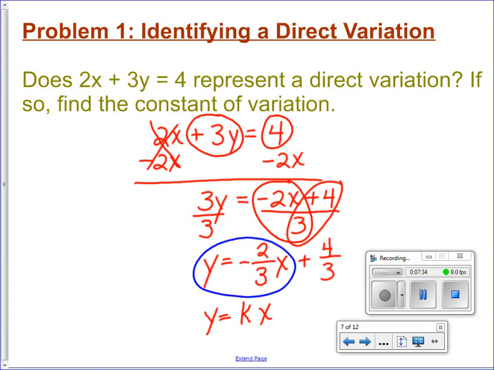However, we have this plus 4/3 added on, and because of that, our answer is no. This is not a direct variation, because it is not in the form of y equals kx. So our answer is no. And so we do not have a constant of variation.